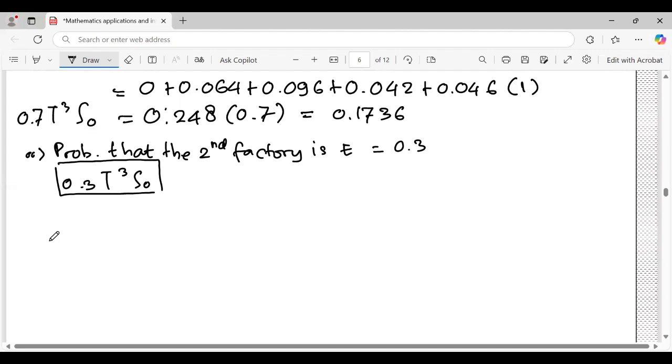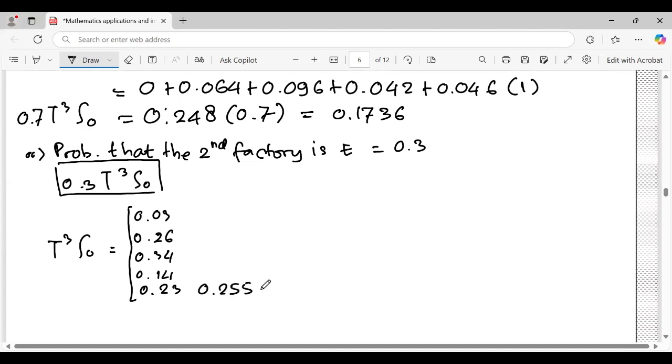Now I would like to find T squared, T cube as 0, but row E. So this is 0.03, 0.26, 0.34, 0.14, 0.23, 0.255, 0.24, 0.23, 0.26, and so on.